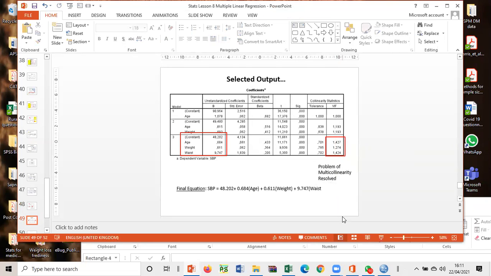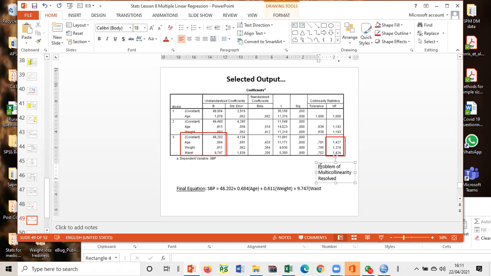Resolved means the problem is not there. There's no problem because the highest value is less than 5. That means there's no problem of multicollinearity, the variables are independent.